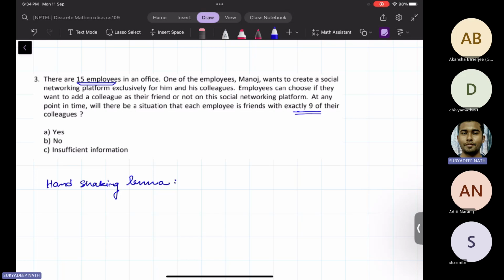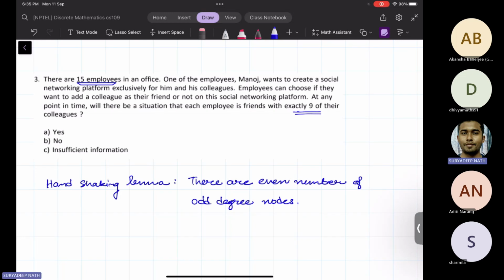So I'll tell you. It is basically that there are an even number of odd degree nodes. So what does this mean?